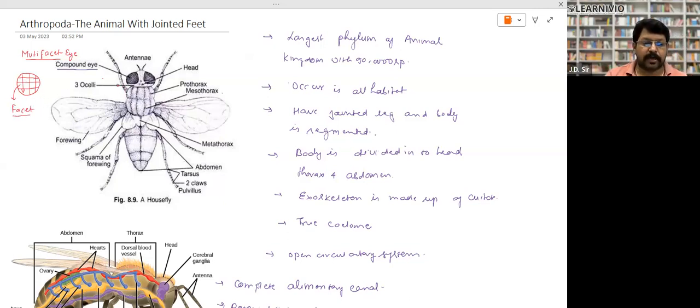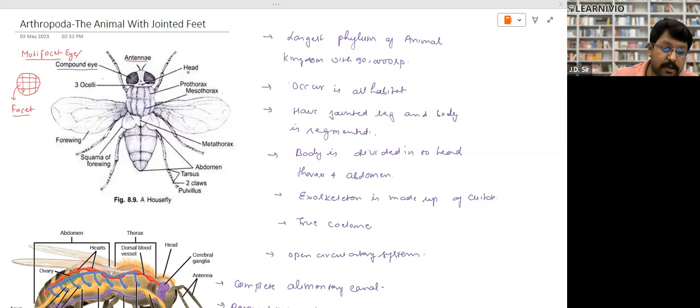This kind of eye is called compound eye or multifaceted eye. All the insects or all the arthropods have compound eyes. And there are some sensory structures which help in the senses. These are called antennae. The antennae help in sensing touch, temperature and all that, right?